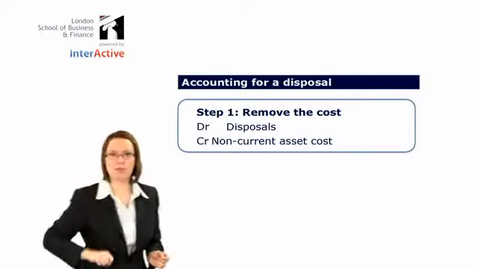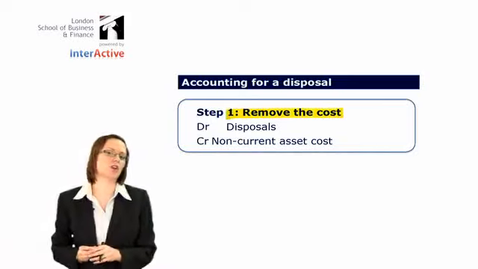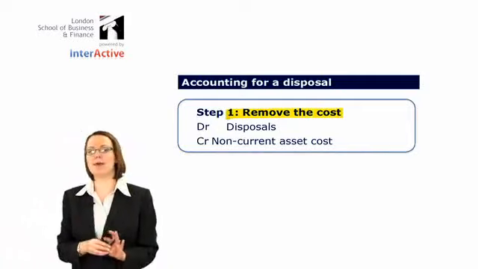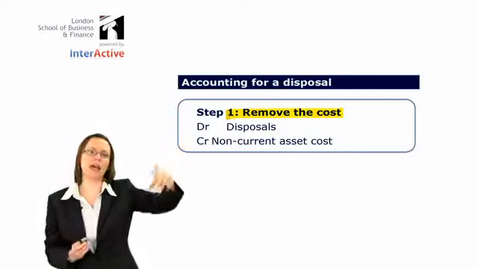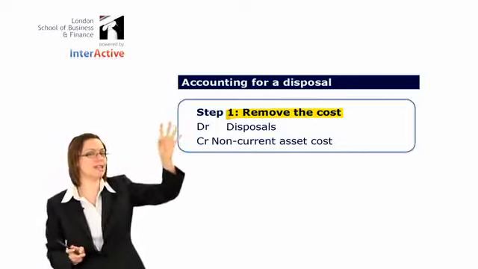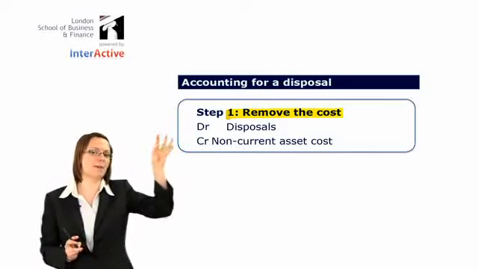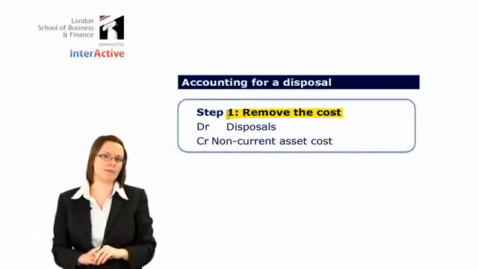So, step 1 then for a disposal is to remove the cost of the asset. Now remember, the asset cost account would have a debit balance. Now I've been very careful to show you the T accounts and how they work. In the asset cost account, there will be a debit balance representing the original cost of the asset.